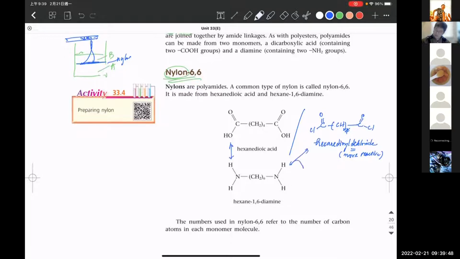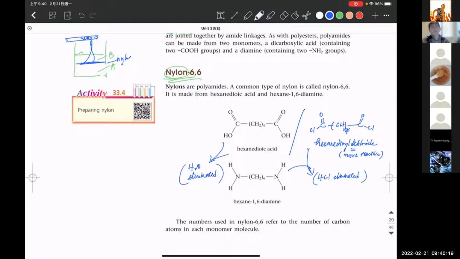If you react these two, they would have HCl eliminated. But if you react those two, water is eliminated.